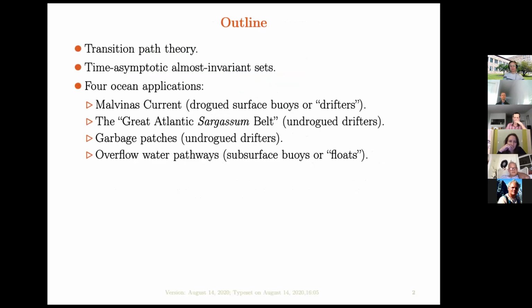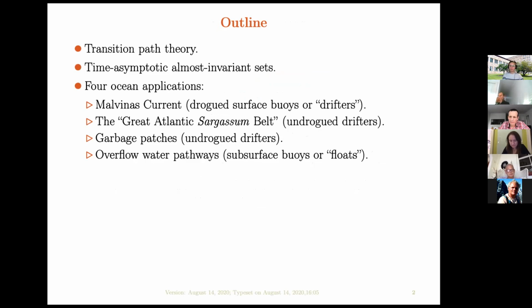So this is going to be a talk on discrete transfer operators, transition matrices, and in particular transition path theory. I'm going to go over that first and review the basic elements.